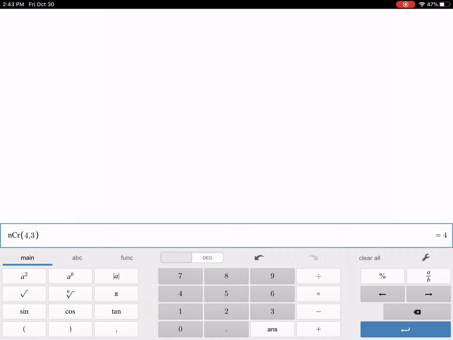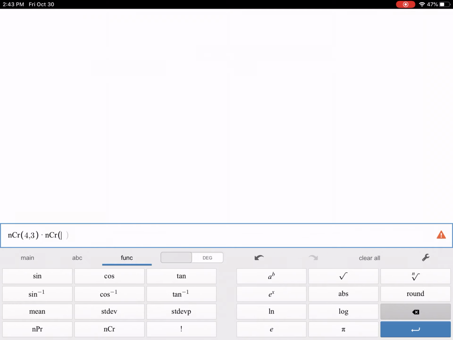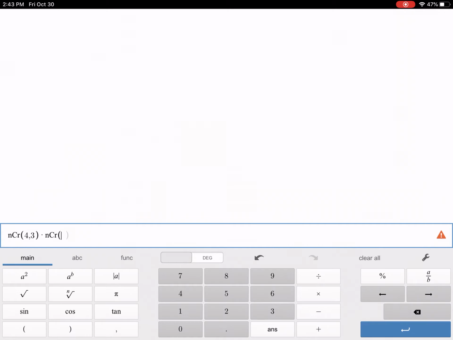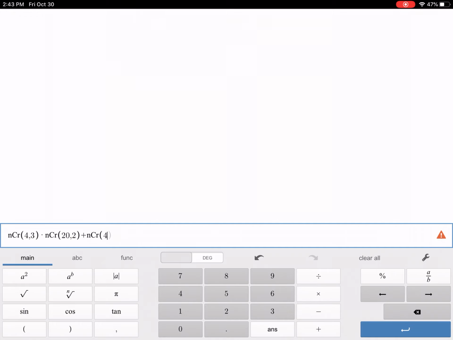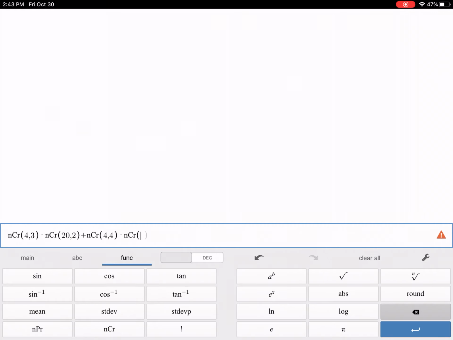Then I want times another nCr, which I find under the function tab. For that one, I wanted 20 choose 2, 20, comma, 2, end bracket, plus nCr of 4 choose 4, times nCr of 20 choose 1.